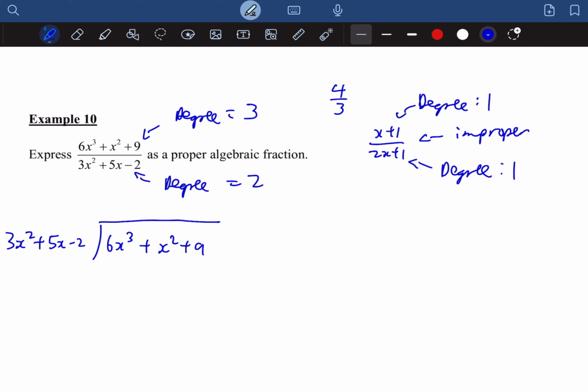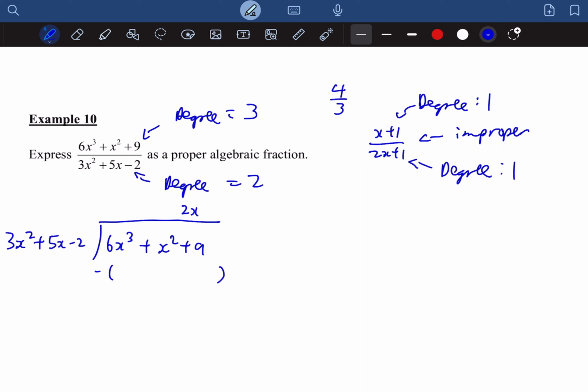It's very easy. So over here, I want to remove 6x cubed, so I have a minus sign here. What times 3x squared plus 5x minus 2 gives us 6x cubed? It will be 2x.